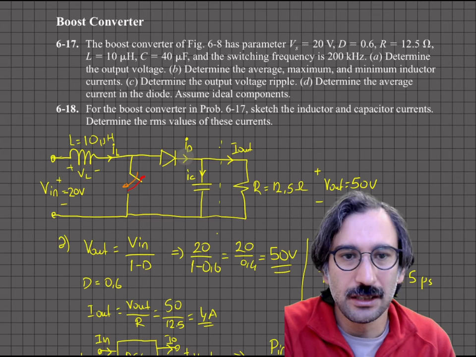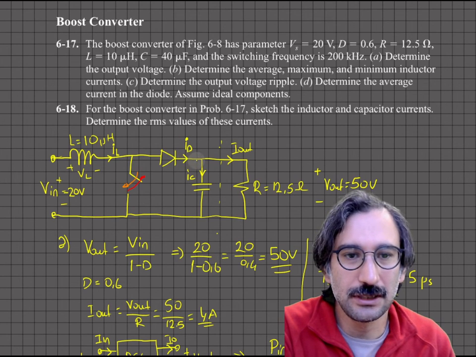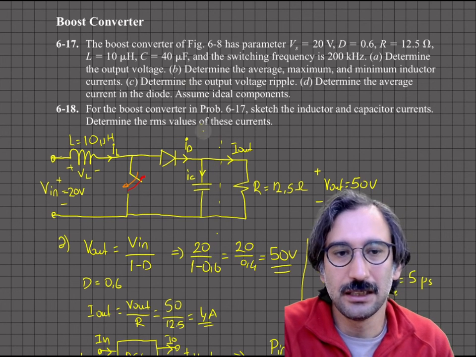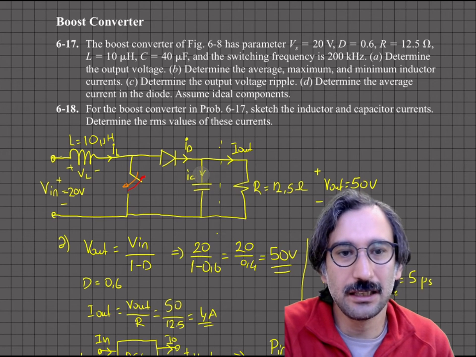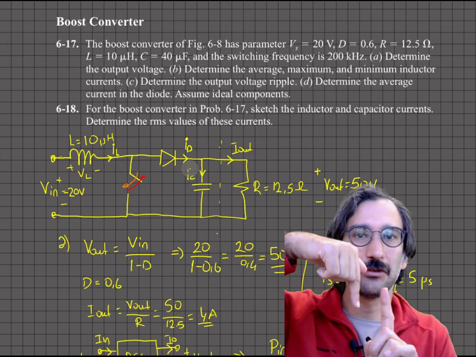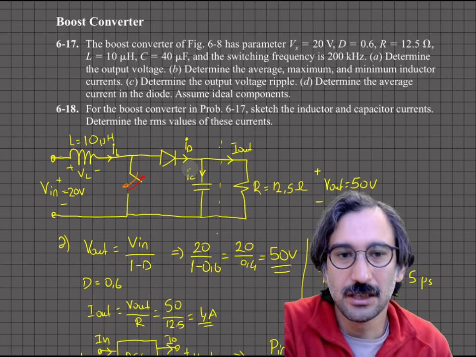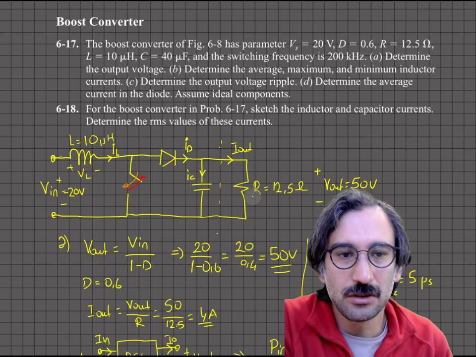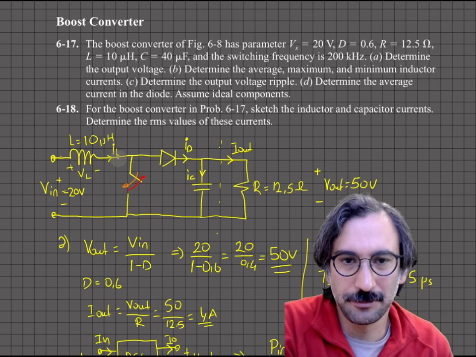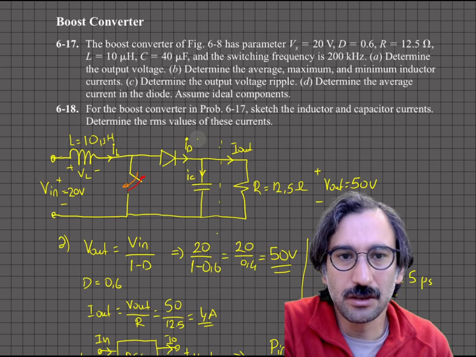And whenever the current coming from the diode is less than the output current, then the capacitor will be supplying the load. And again, in the steady state, the amount of charge going into the capacitor and the amount of charge going out of the capacitor should be equal to each other, so the output voltage can stay at a constant voltage. Okay, so let's try to calculate ID.